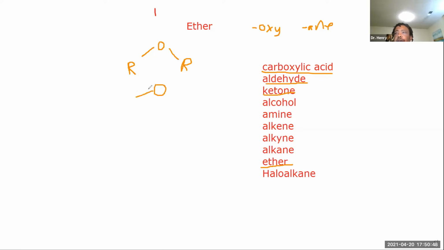And so if we have this guy, the way we would go about naming it, there's two ways. You want to find the longest carbon chain. 1, 2, 3, 4.